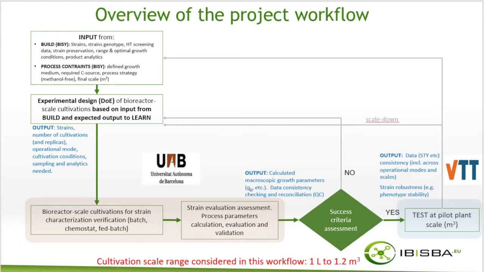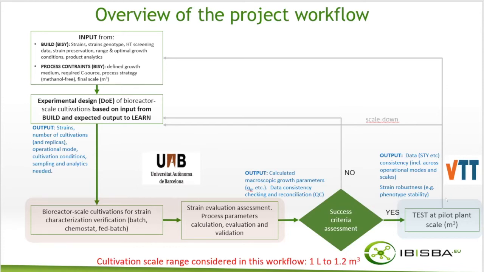This was the task done at UAB. The output of this work was a series of experimental data from these cultivations, essentially growth parameters calculated from chemostat and fed-batch data, validated through data consistency checks. This data was used as a basis to select the best operational conditions for scale-up.